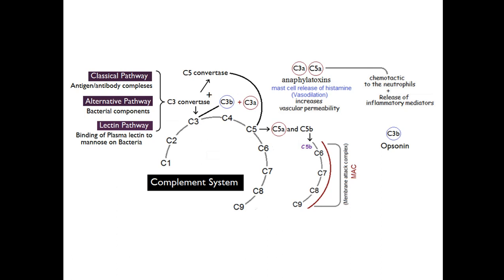Similarly, the C3A and C5A can break down the mast cells and cause the release of histamine. And we know that histamine is a strong vasodilator, as well as it increases the vascular permeability.